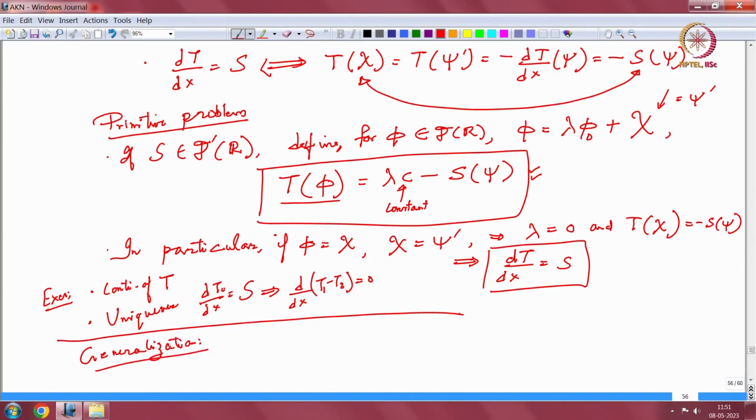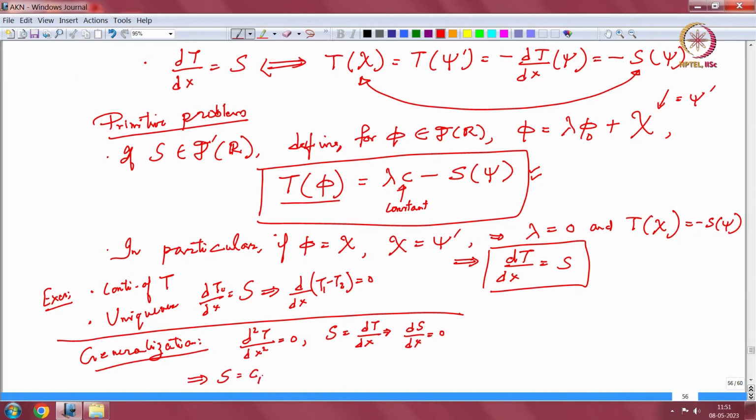So for example, if dT by dx is equal to 0, T is a constant. And if d square T by dx square is equal to 0, then you can put S equal to dT by dx, and that will imply dS by dx is equal to 0. That will imply S is a constant, say c1, S equal to c1.